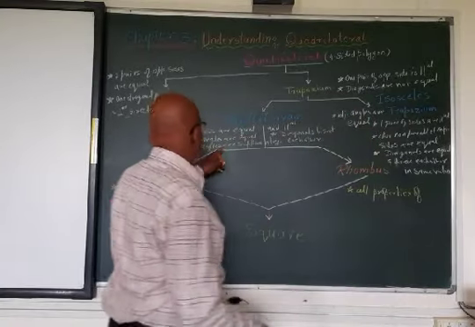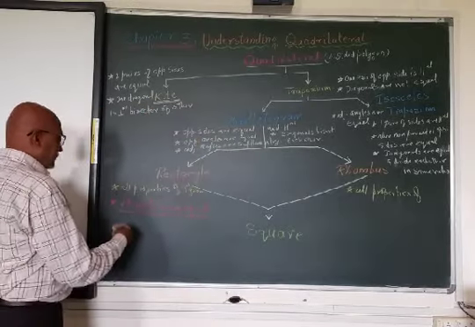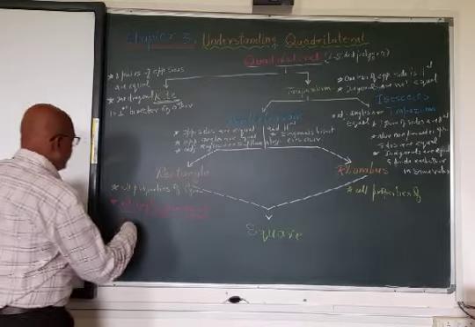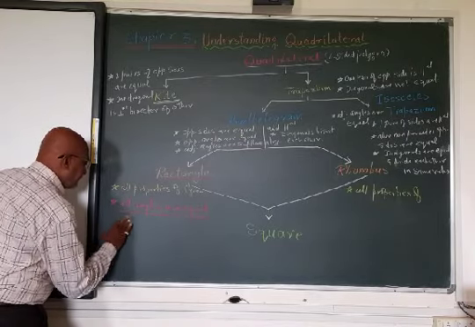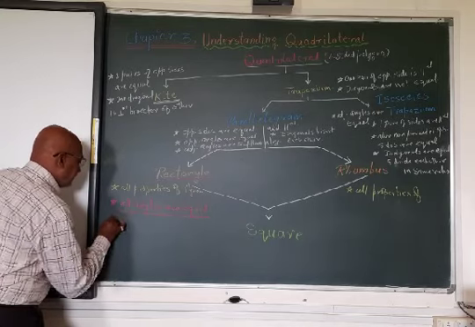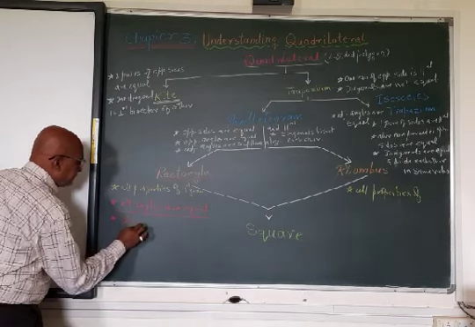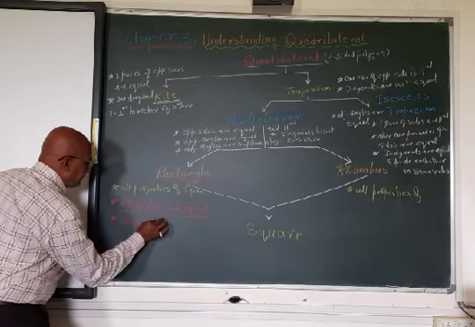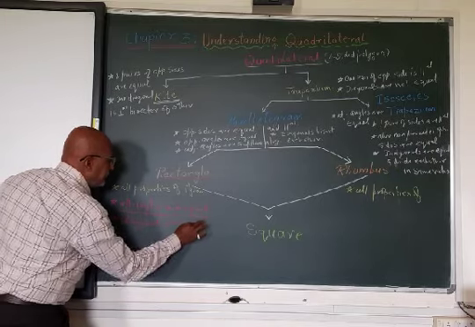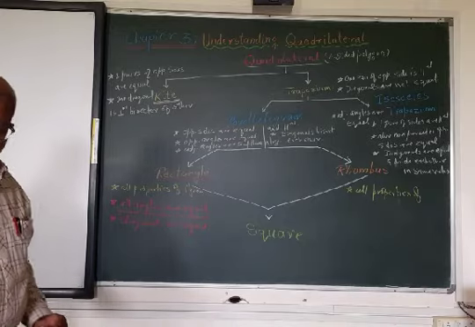One more here, it is diagonals bisect each other. Also we can add here, or I will add this way, diagonals are equal. Diagonals are equal.